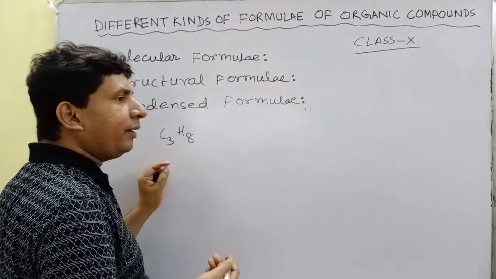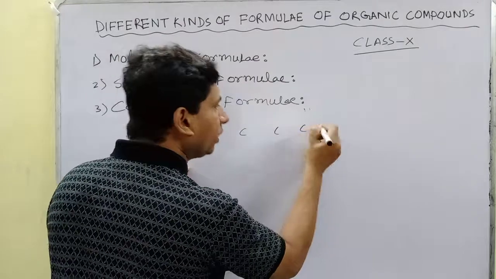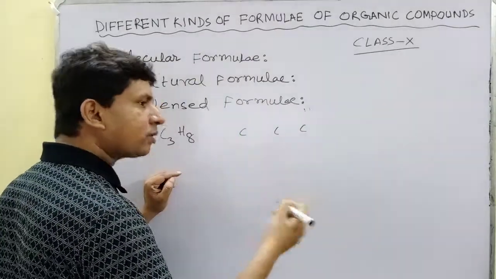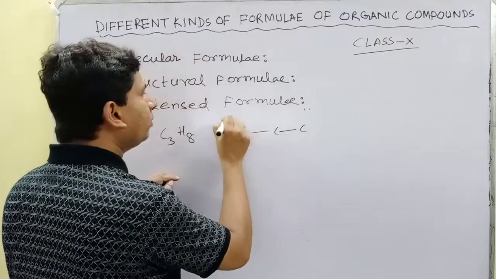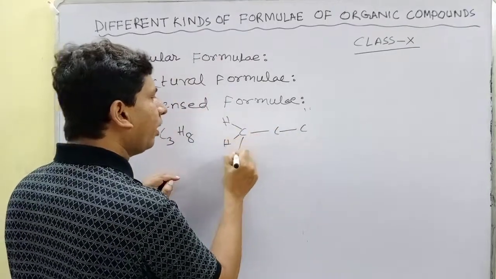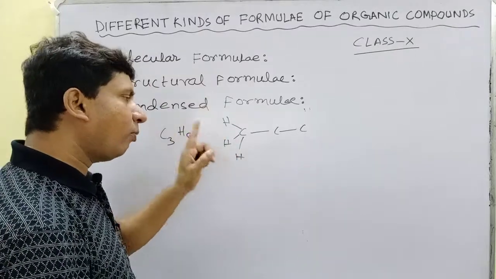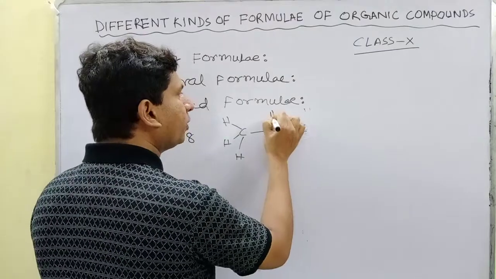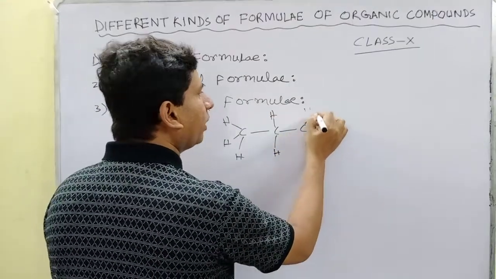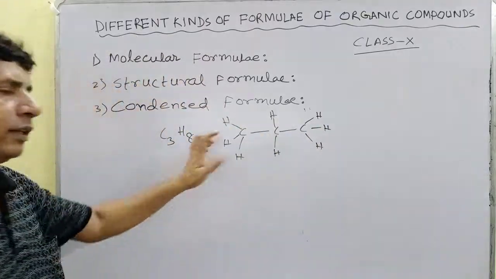Then how can we write the structural formula of propane? 1 carbon, 2 carbon, 3 carbon. Propane is a straight chain. So there are bonds, then hydrogens. Hydrogen always forms 1 bond, carbon can form 4 bonds. So hydrogen is distributed in this way.